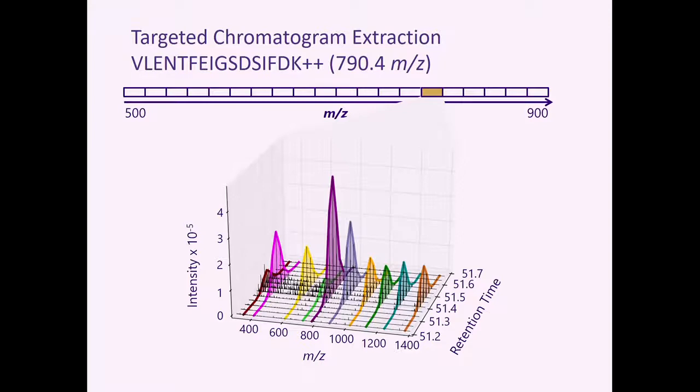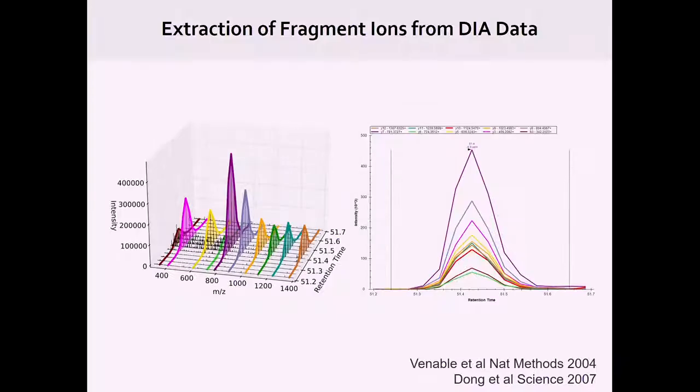It's rare that this is the case, of course. Most of the time, things are 10 or 100 times less abundant than the most abundant things in the isolation window. But when you look at the data, it looks very similar to what we get with selective reaction monitoring or parallel reaction monitoring.